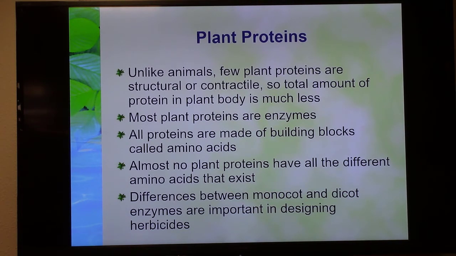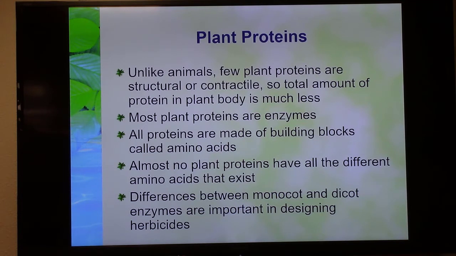But the percentage of protein in a plant is going to be very low. And this is important if you are trying to have a diet with no animal product in it. You're going to have a challenge getting enough protein. Can be done, but you have to think about it.